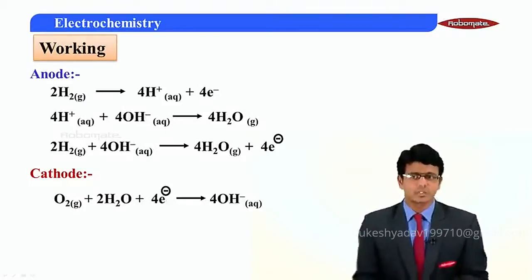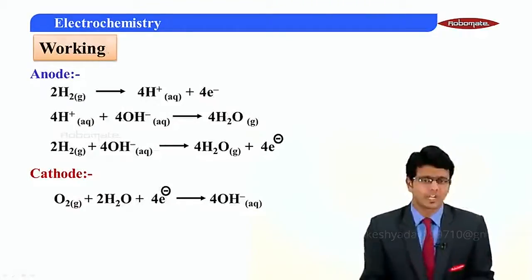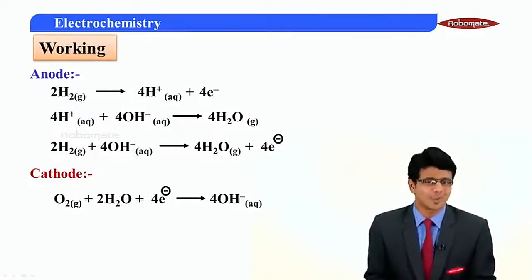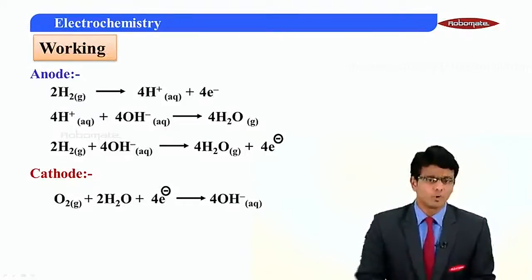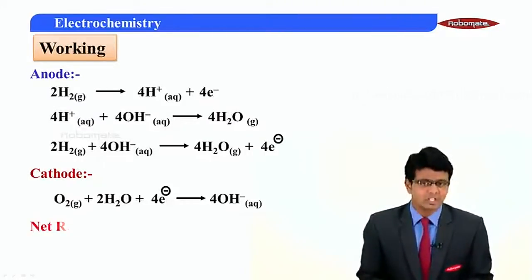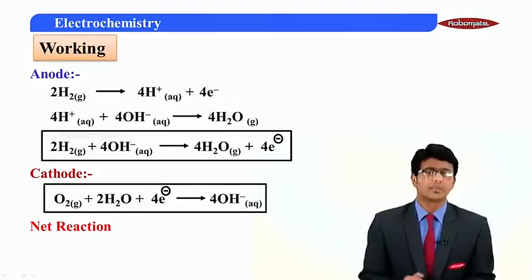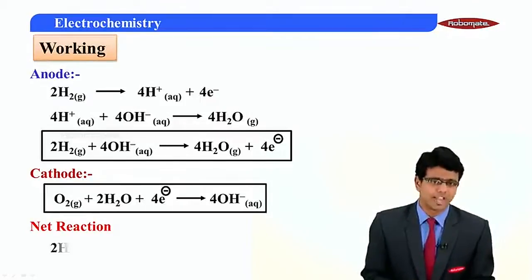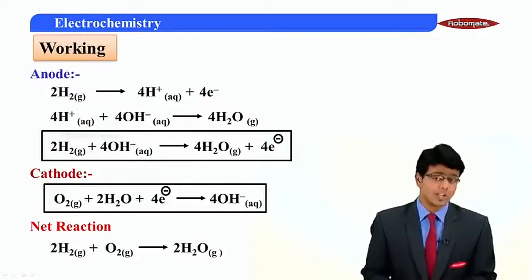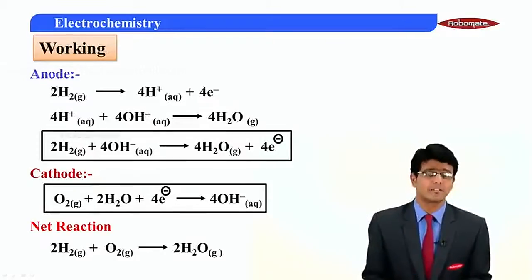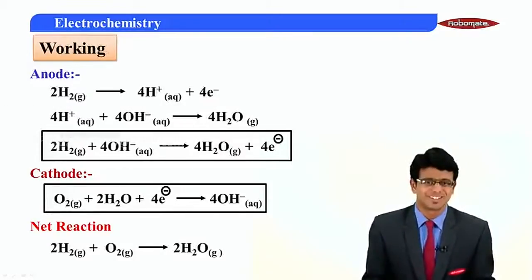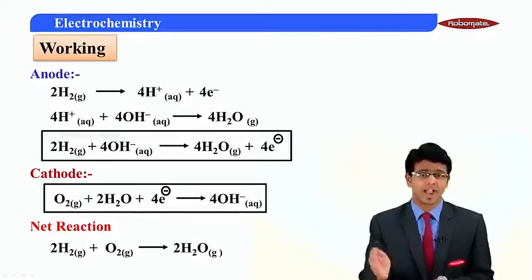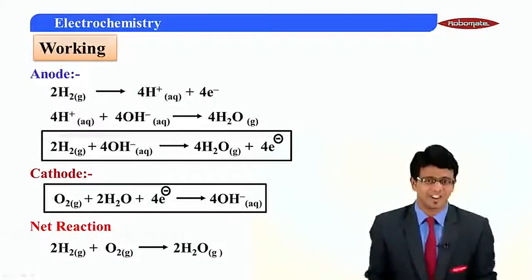So oxygen gas in presence of water will take up 4 electrons, and will get converted to 4 OH minus ions. If you want to write the net reaction taking place, it is simply addition of anode and cathode reaction, right? So precisely it is 2H2 gas plus O2 gas giving rise to 2H2O. So it is a reaction between hydrogen and oxygen gas to produce water, right?